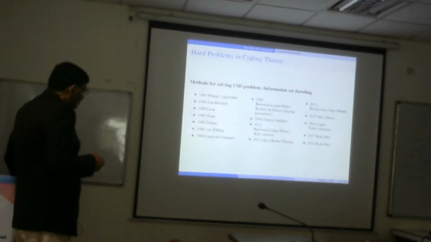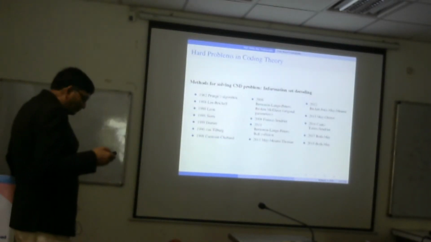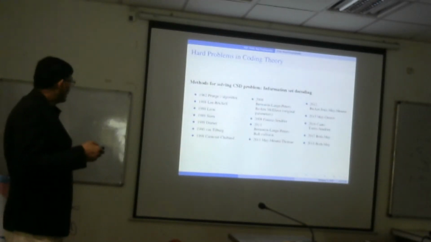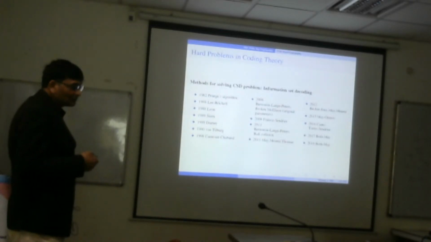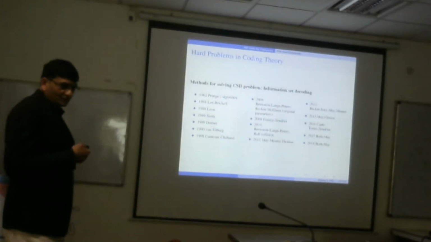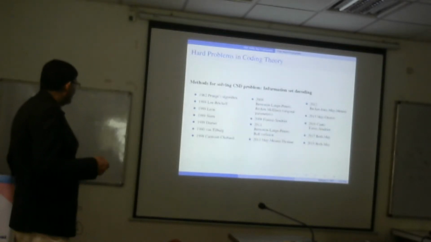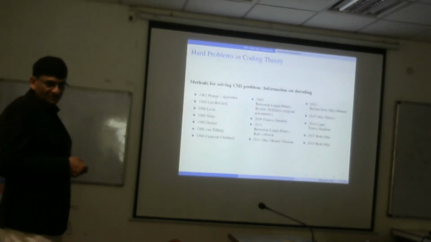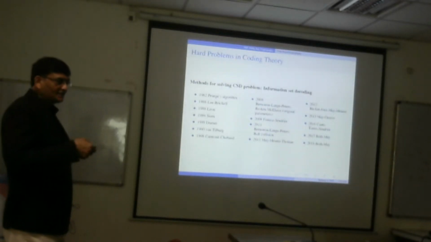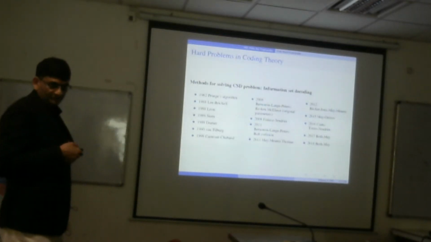For every problem we have some solution, and we have many algorithms for solving this computational syndrome decoding problem. Information set decoding is the concept to find the error. But almost all these information set decoding algorithms are exponential in nature, and all are computationally hard problems.